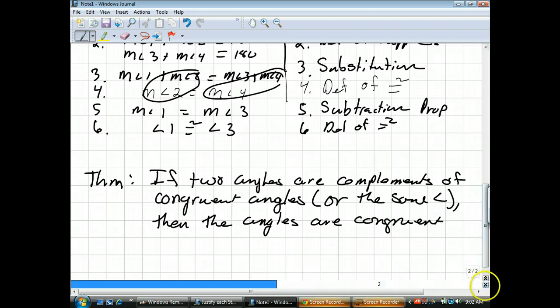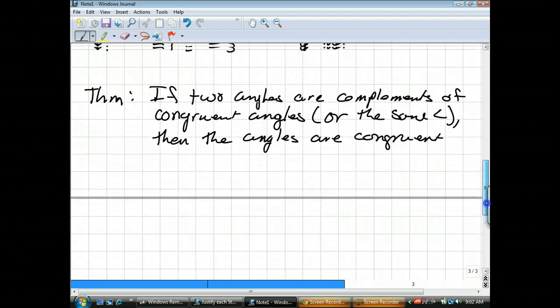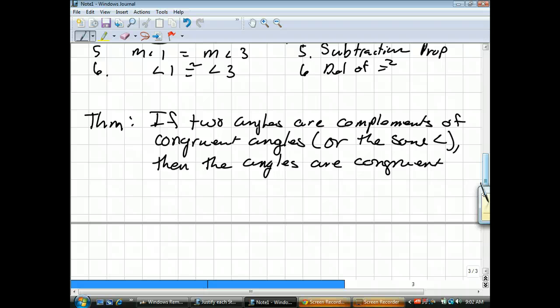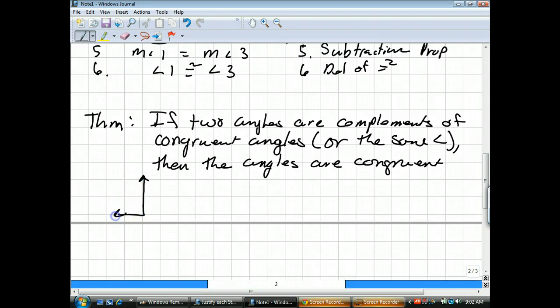So basically this is the same as the first, except for now we're talking about complementary. So remember, definition of complementary is two angles that add up to 90 degrees.